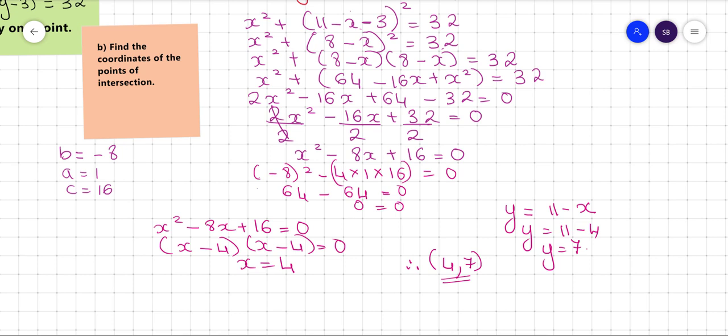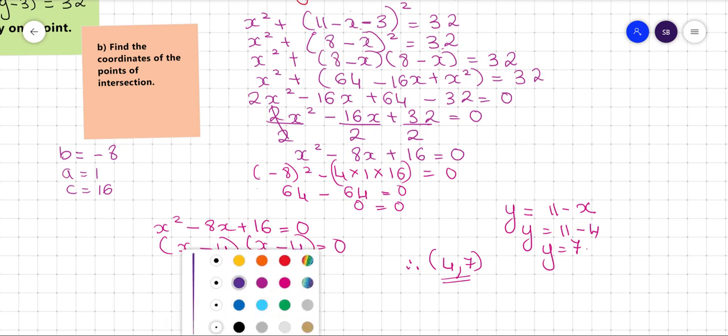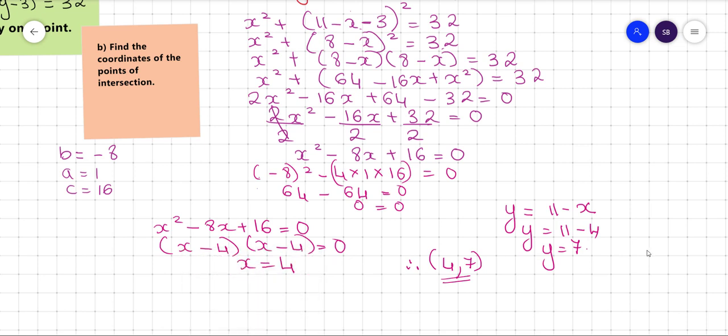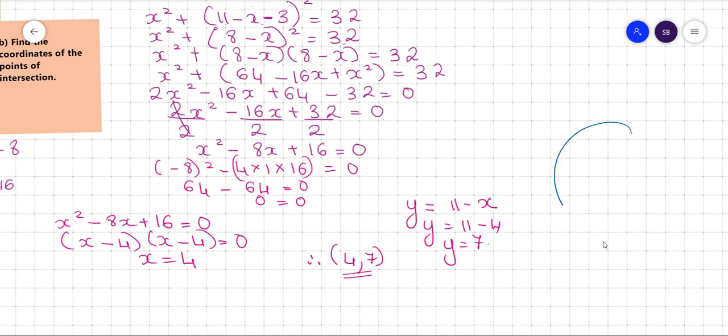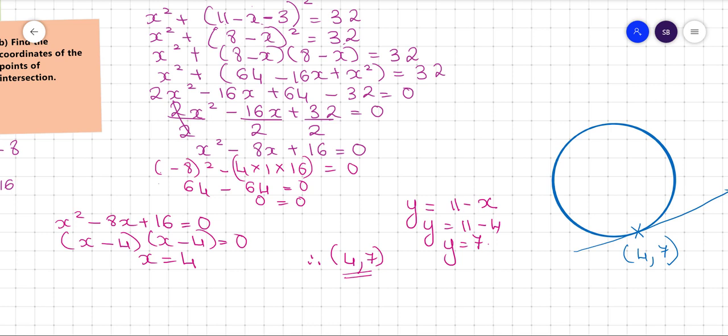Now if I put this into a diagram, it will look like a circle with only one point of intersection, and this point is (4, 7). Okay, and that line is called the tangent.